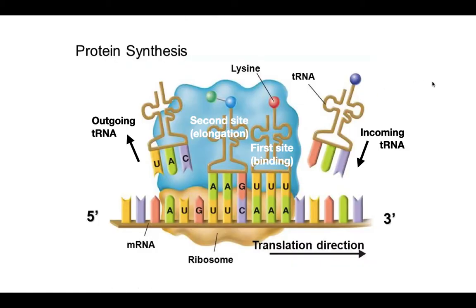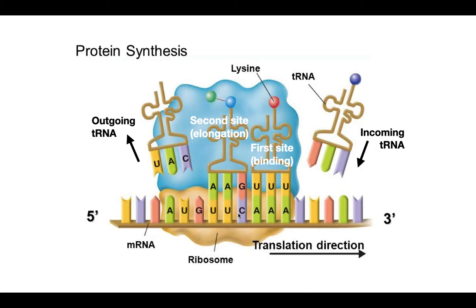So, one last look at our protein synthesis. Down here, we have an image representing messenger RNA, and these four different colors are representing the four different nitrogenous bases: adenine, uracil, guanine, and cytosine.